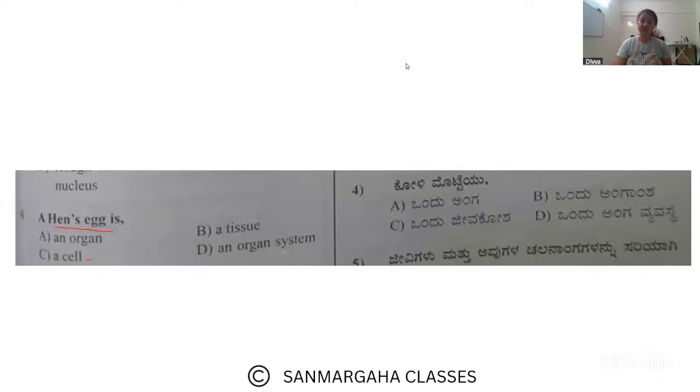Mouth, esophagus, then stomach, small intestine, large intestine, etc. Right, so those are organs, like stomach, small intestine, those are organs. Okay, and these organs are made up of tissue, right? And this tissue is made up of cells. So here hen's egg, yes, it comes under cell, it is a cell.